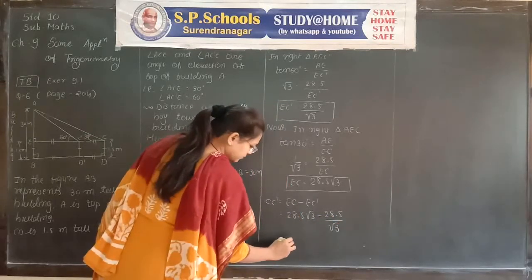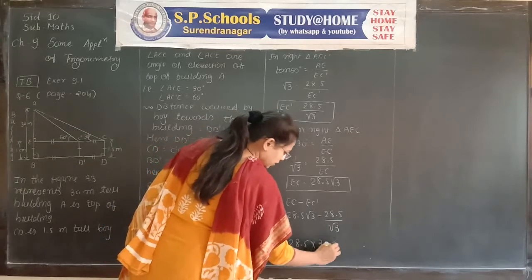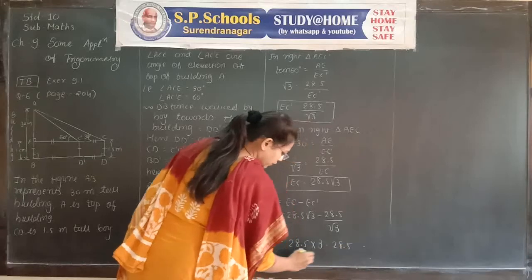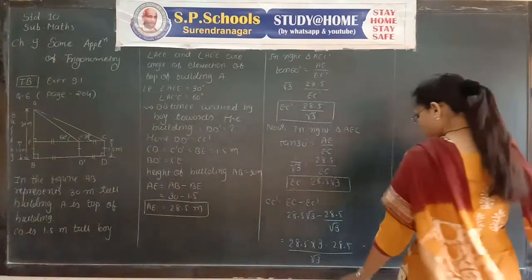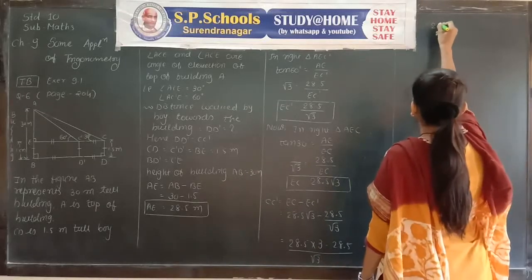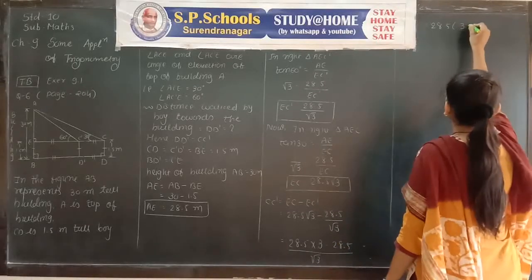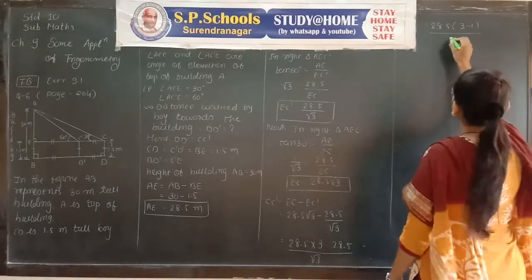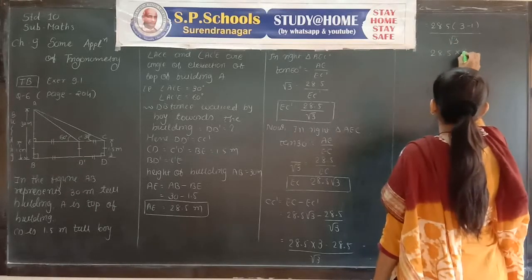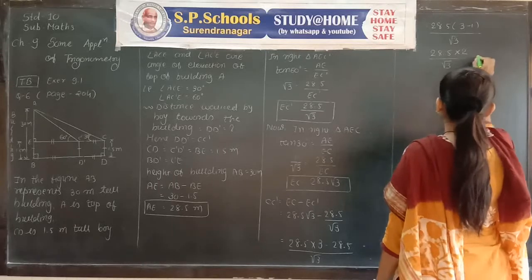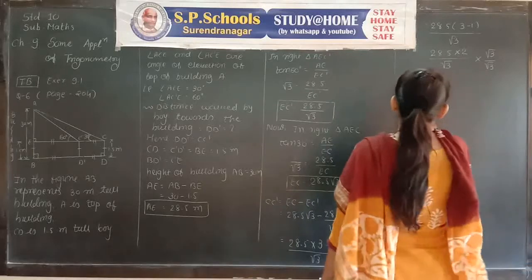Now take LCM. 28.5 into root 3 into root 3 minus 28.5 upon root 3. Now take 28.5 as common. 28.5 into bracket 3 minus 1 upon root 3, which is 28.5 into 2 upon root 3. By rationalizing it, multiply it by root 3 and divide it by root 3.